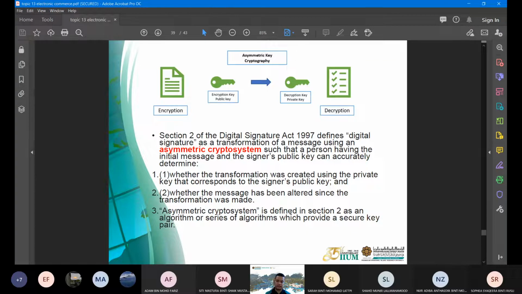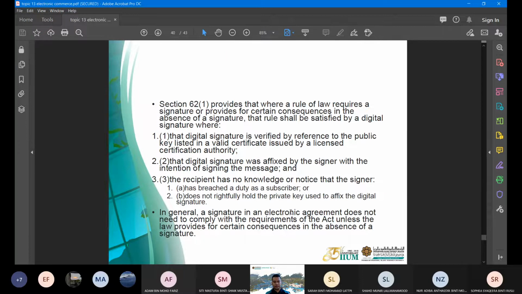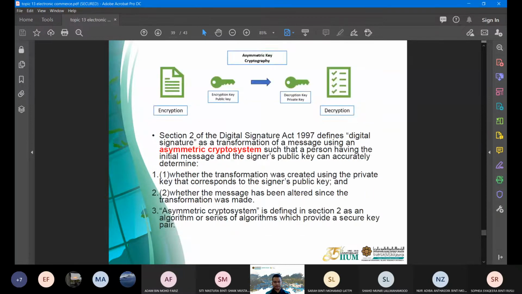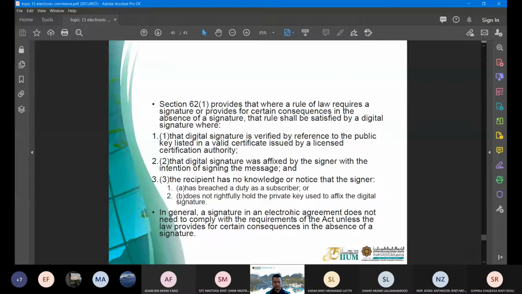So senang nak cakap, dia macam satu special kind of password lah that is created for a higher level of security. And then if let's say whatever that you want to do, katalah your agreement, you would like to apply the requirement of Digital Signature Act, then the law will require the application of all this requirement lah.